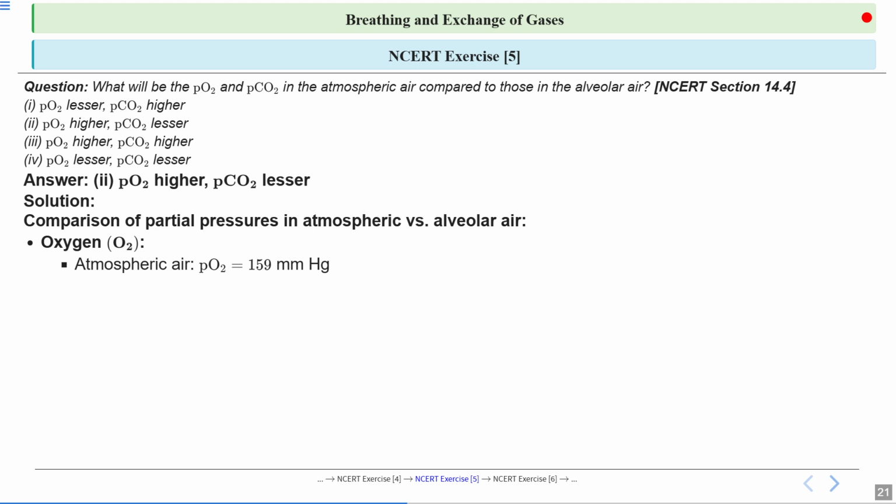And in alveolar air, PO2, when oxygen is present in the alveoli, the partial pressure of oxygen is around 104 mmHg. It is higher in atmospheric air.